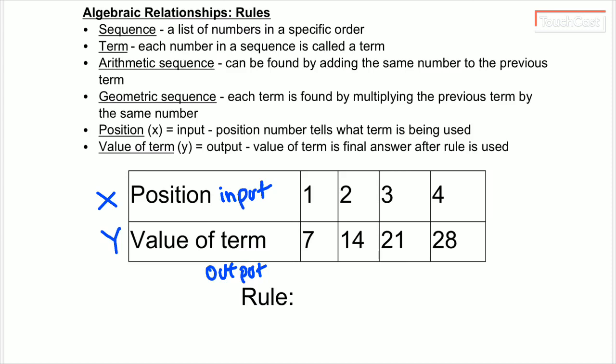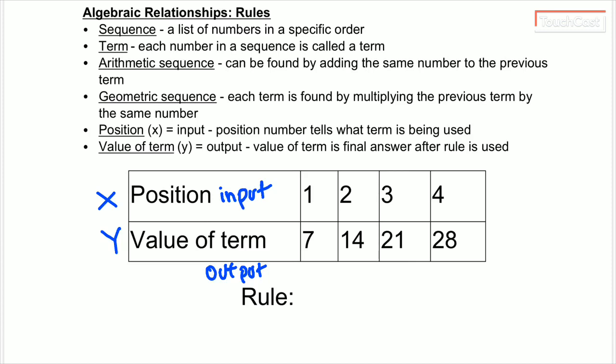So if we start at 1 and we get to 7, that means that we either had to add or multiply because it got bigger. So if we look at 1, we could possibly add 6, or we could multiply that by 7. Both of those would give us 7.